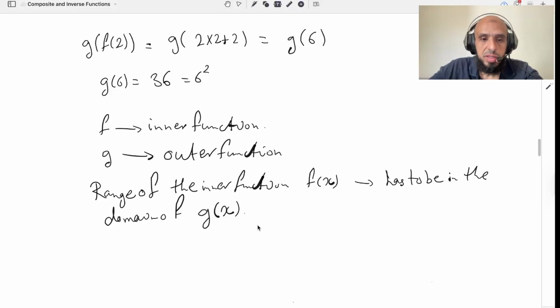If this is not the case, then the range of the inner function f of x, so the output that comes from f of x, will lie outside the domain of g of x, so we cannot apply g of x to the output of f of x.